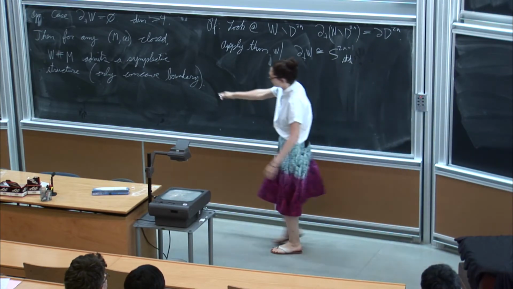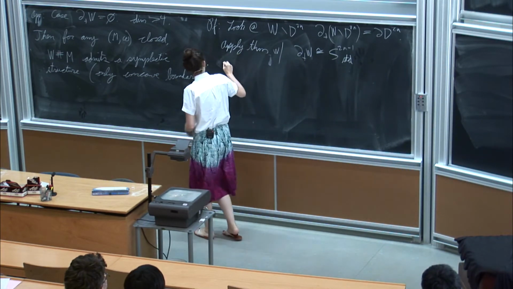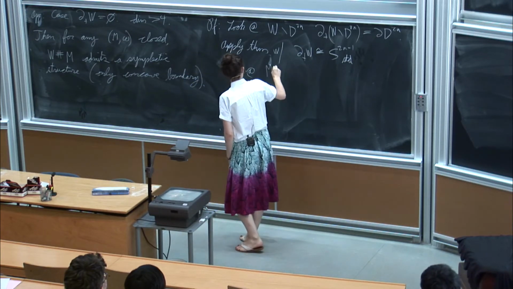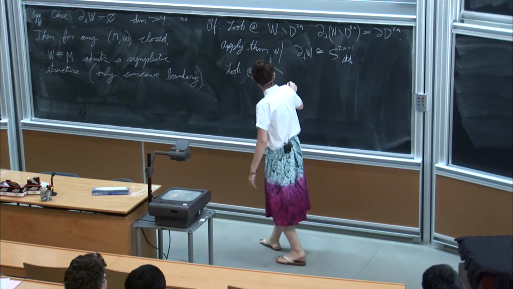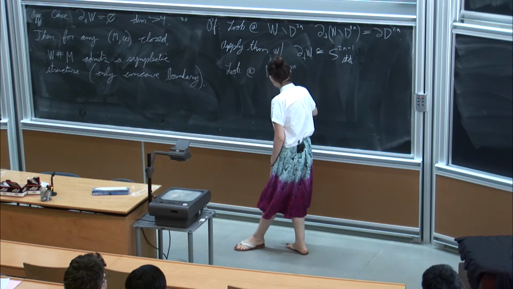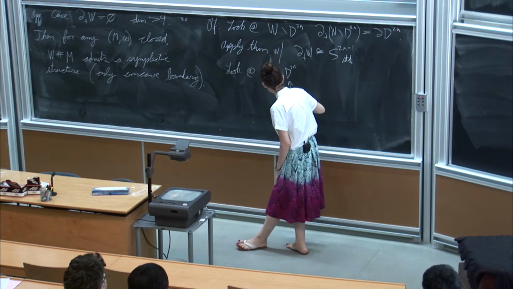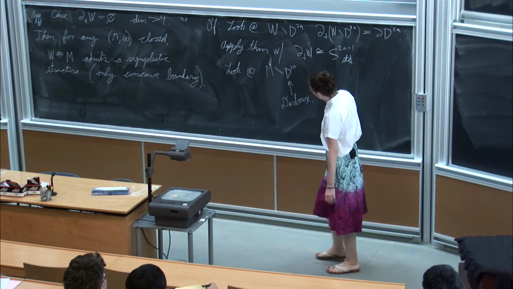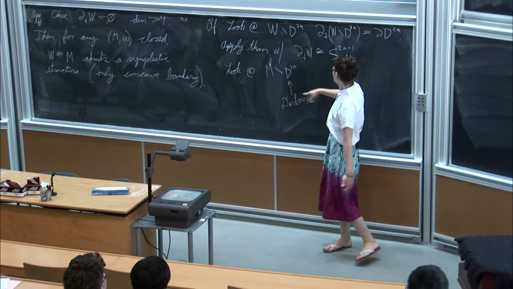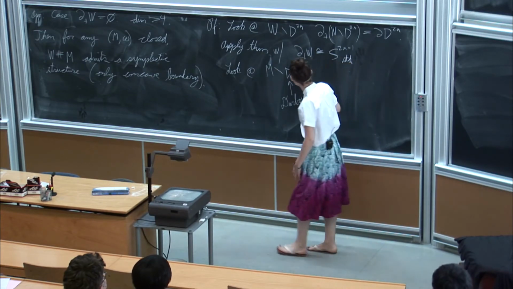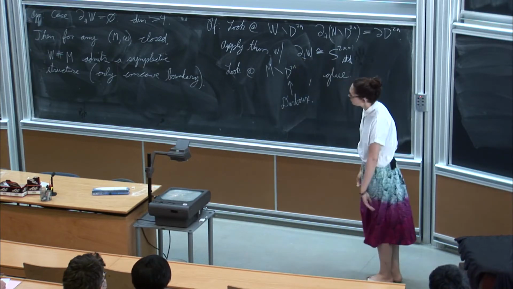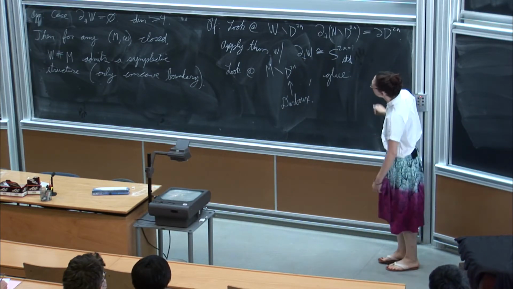So now if I just look at M minus a disk where this is an actual Darboux chart, this has a concave boundary, which is the standard sphere, and so I can glue along this sphere, which is exactly my connect sum.